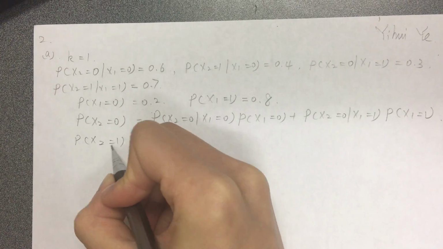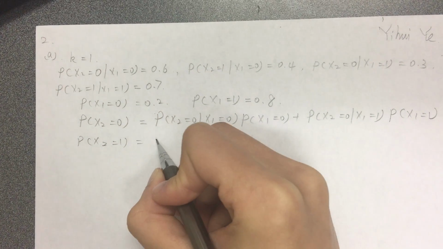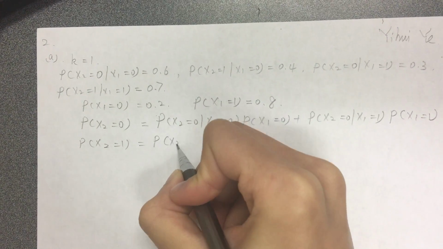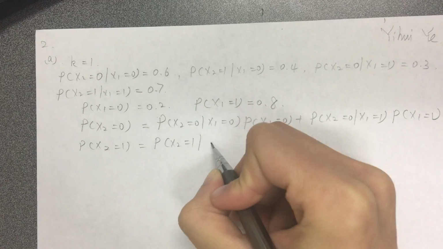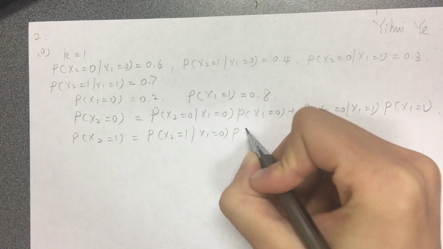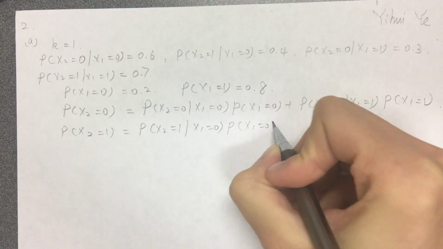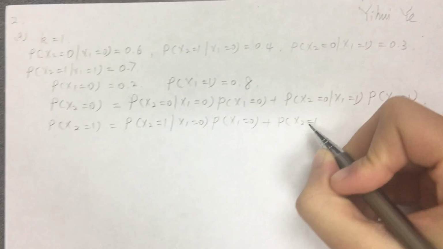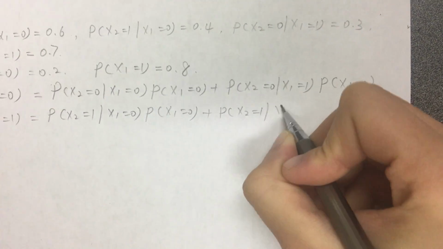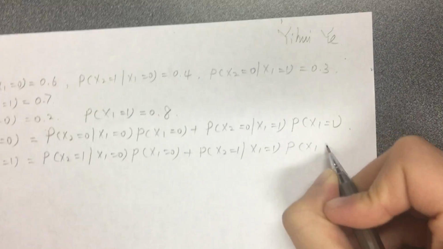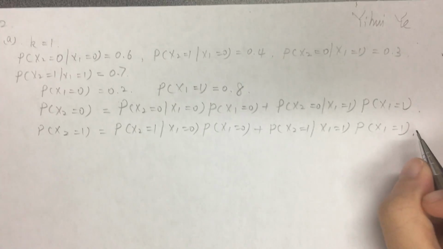Similarly, we can obtain the probability that x2 equals 1 by the equation P(x2 equals 1 given x1 equals 0) times P(x1 equals 0) plus P(x2 equals 1 given x1 equals 1) times P(x1 equals 1).